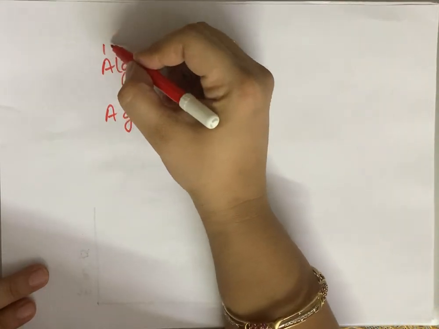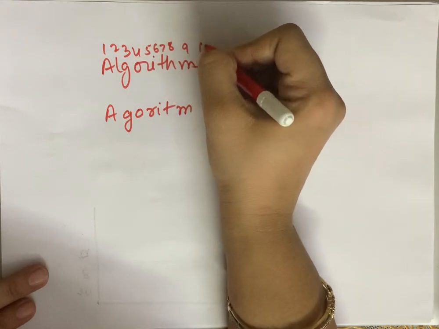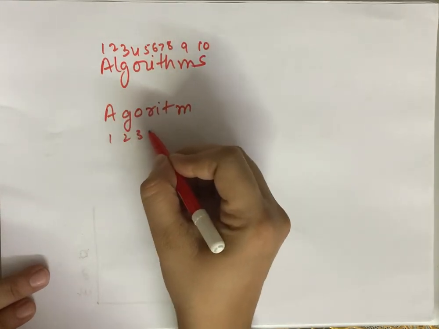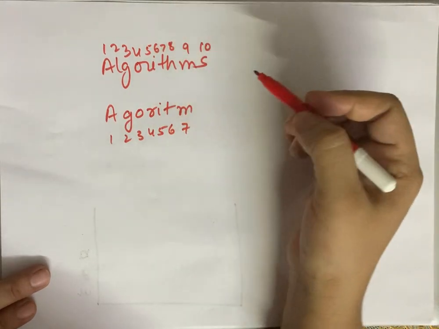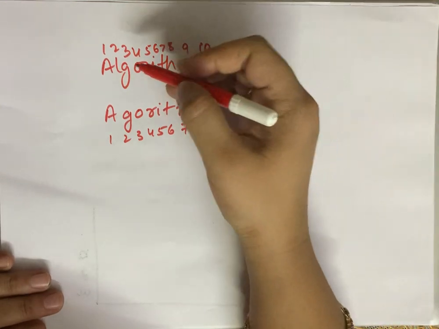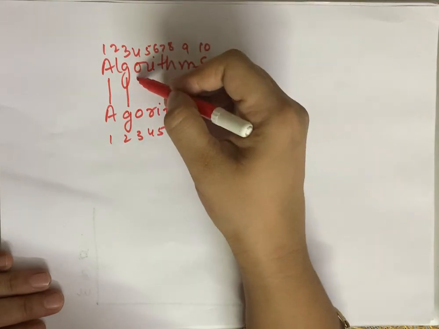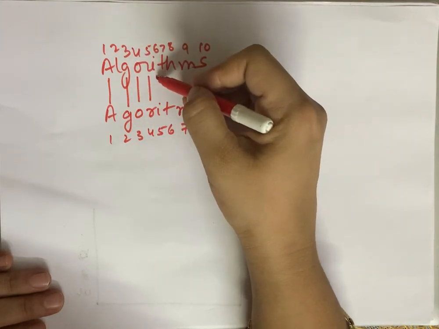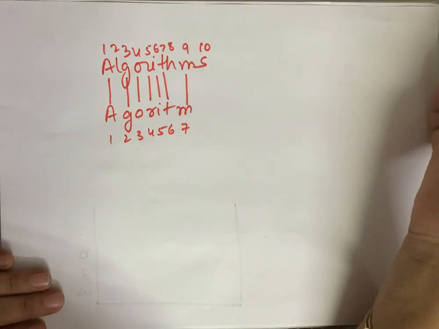So now if I am just numbering these two, what is happening over here? Again it is up to you how you are finding a matching, but I can match A with A, G with G, O with O, R with R, I with I, T with T, and M with M. This is what a matching I am getting over here, as you all can clearly see.